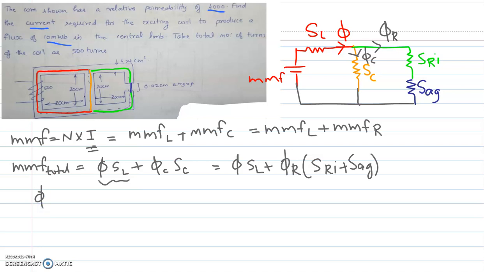If I want to find out phi, that means I need to find out phi R also, because only phi C is given to you. So phi is nothing but phi C plus phi R. You need to find out phi R. How can we find out phi R? From this equation itself, it is the same: MMF of the central limb is equal to MMF of the right limb.